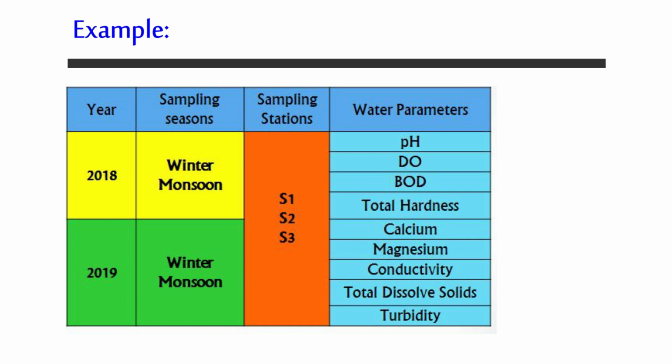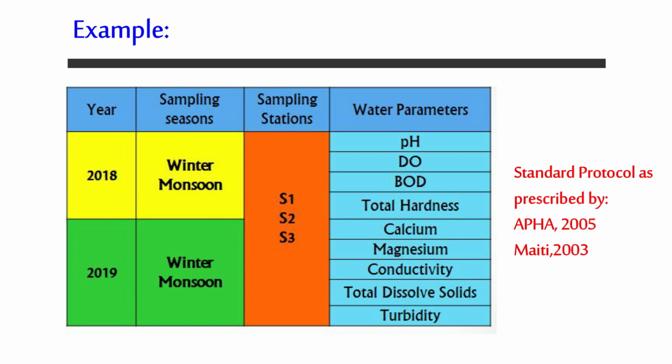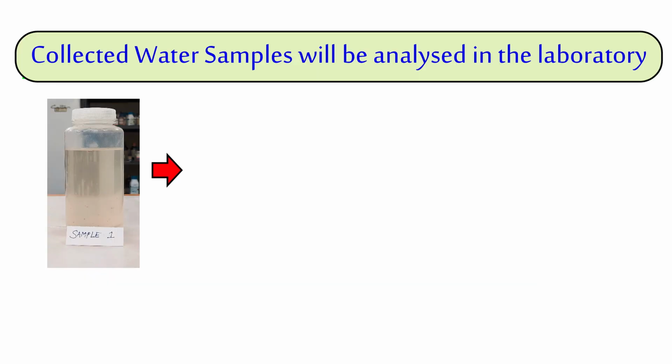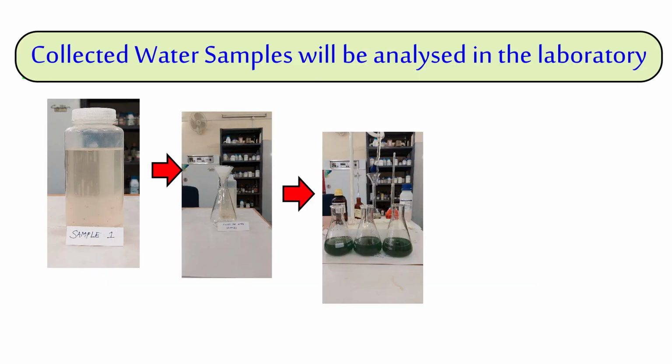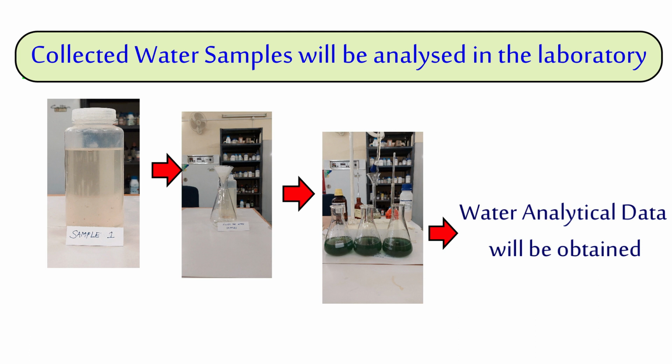These different water parameters selected for the study will be analyzed in the laboratory, adopting the standard protocol of analysis as given by APHA or BIS. Once these water samples have been analyzed, then the data required will be obtained.